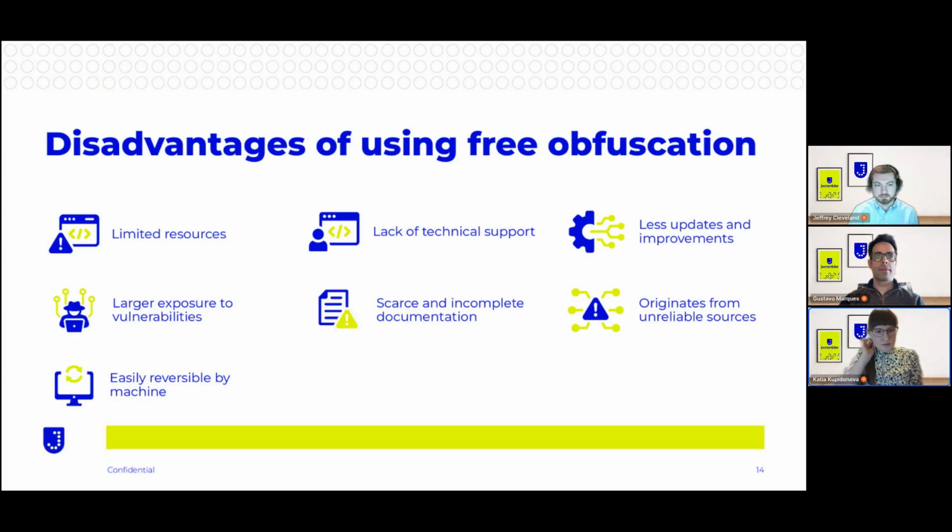So to sum up, when using free obfuscation tools, it's important to consider the disadvantages. You have to think about resource limitations. Free tools generally offer limited resources compared to professional solutions. This can mean that certain important functionalities may be unavailable or restricted, affecting the quality and effectiveness of the obfuscation.